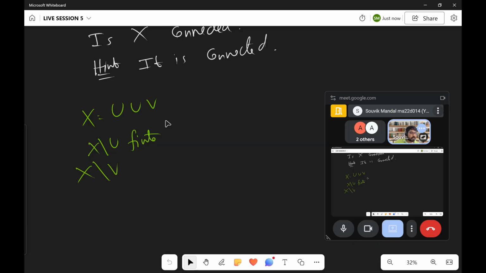Then since U and V are a separation, U intersection V is empty.